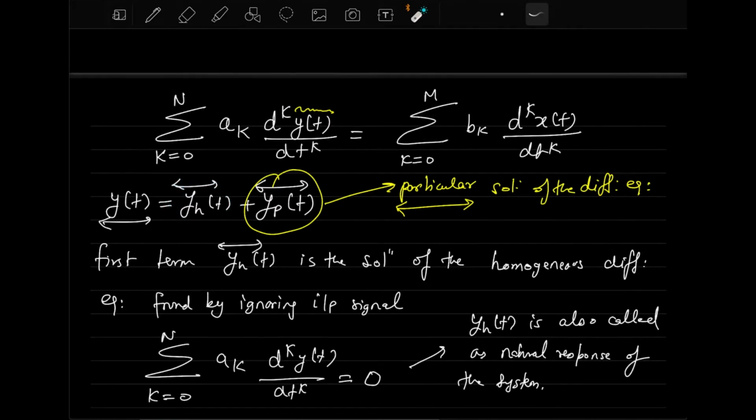Like for example, in the electrical circuits, if the capacitor has the initial voltage, then the response that will come is because of that initial voltage that is stored in the system. Or same is with the inductor, if it has an initial current stored in it, then whatever response comes out of the system will be because of that, but there will be no contribution of the input signal. So that's why it is also called the natural response of the system.